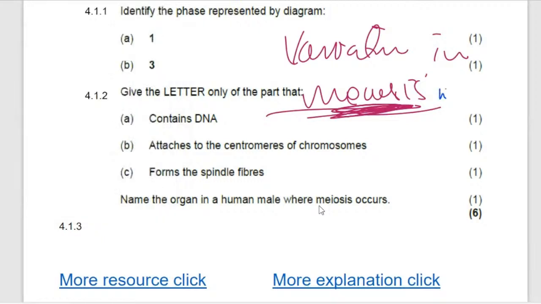You talk about the random arrangement of chromosomes during metaphase, and also crossing over during prophase 1. Remember, when you talk about prophase, crossing over, you are specific to prophase 1. Prophase 1, not anything else. You don't talk about something else. It's supposed to be prophase 1.